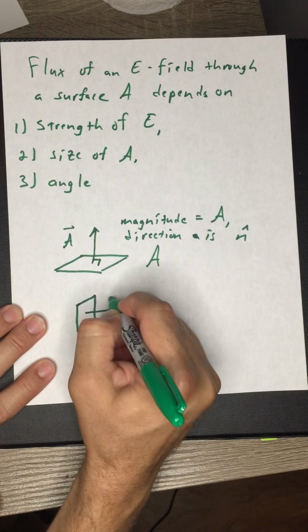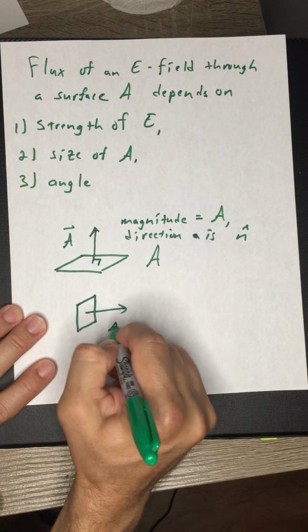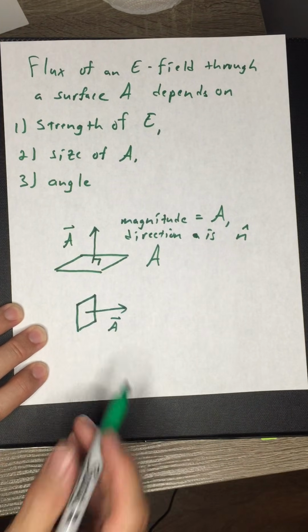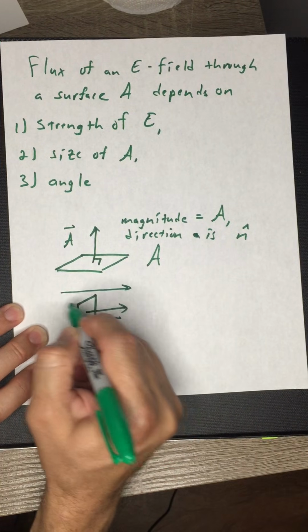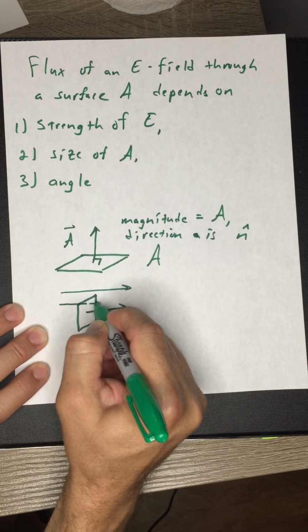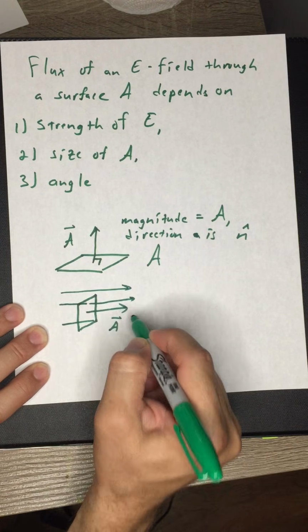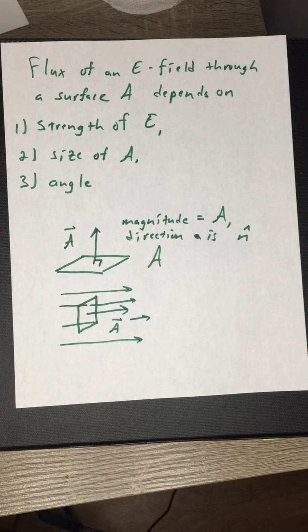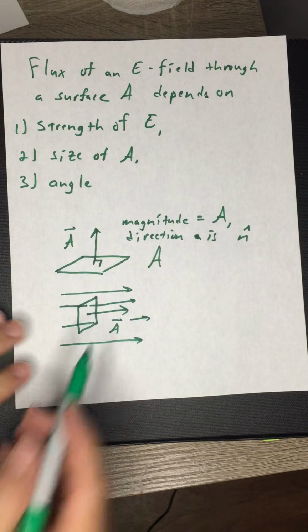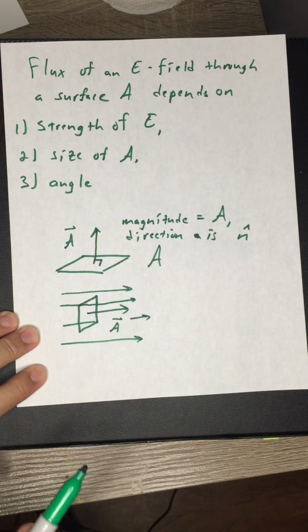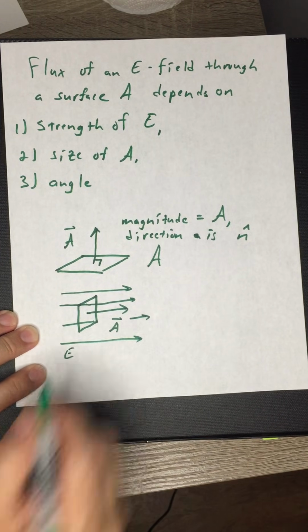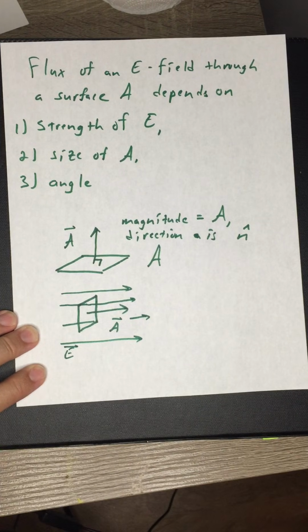I'm going to say this is my area vector, A. What I need is the quantity, the flux, to be maximized when the area vector is parallel, sorry, I do know geometry somewhat. What I need is this quantity to be maximized when the area vector and the E field vector are parallel.